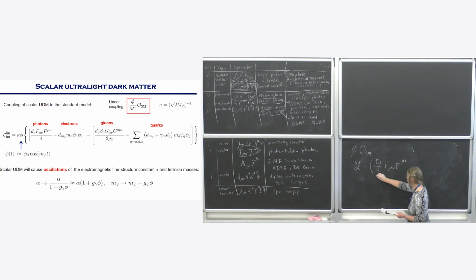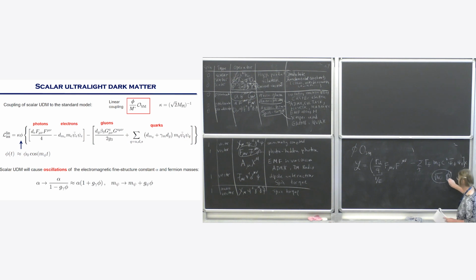And now the units are inverse energy. And then you have couplings to various fermions. I'm going to properly write the c squared. And all of that gets multiplied by the square root of ħc, just to make the dimensions right, and phi.